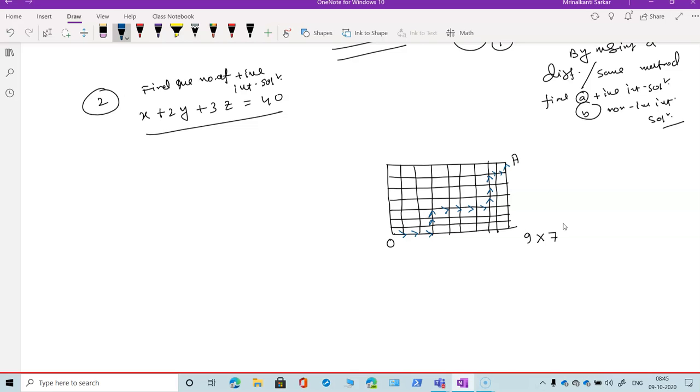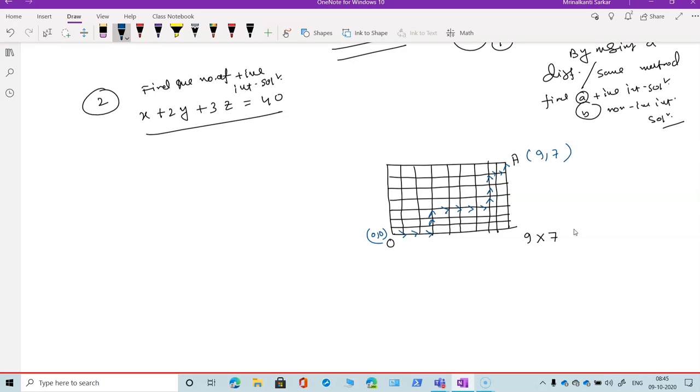Okay, this is one path you can follow to reach from this point 0, 0 to 9, 7. This is 0, 0 and this is 9, 7. The question is, how many different ways can that ant go from 0, 0 to 9, 7?